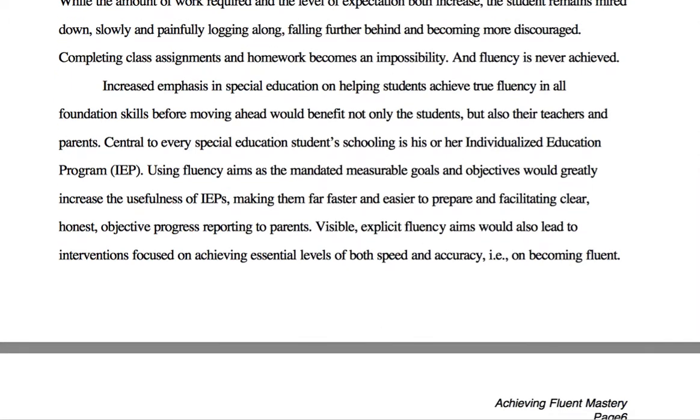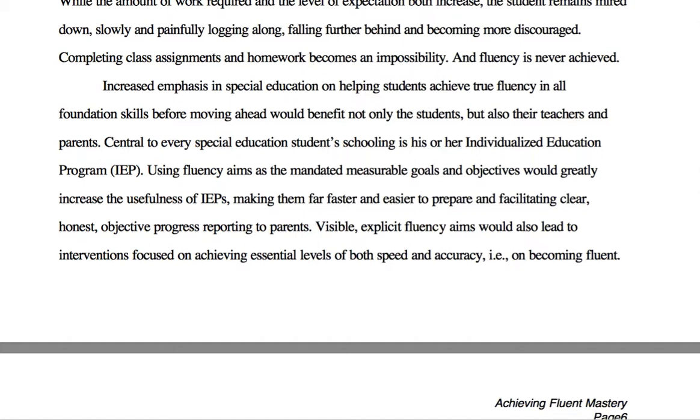Increased emphasis in special education on helping students achieve true fluency in all foundation skills before moving ahead would benefit not only the students, but also their teachers and parents. Central to every special education student's schooling is his or her individualized education program, IEP.